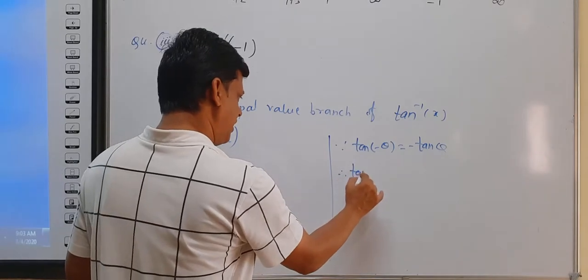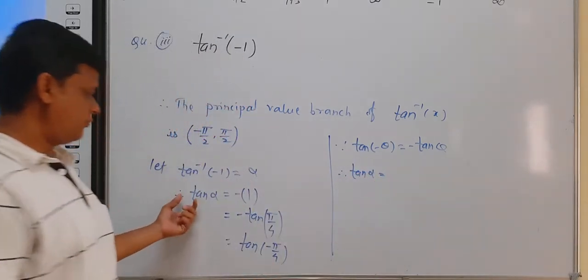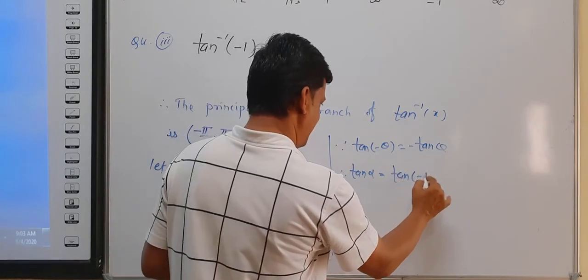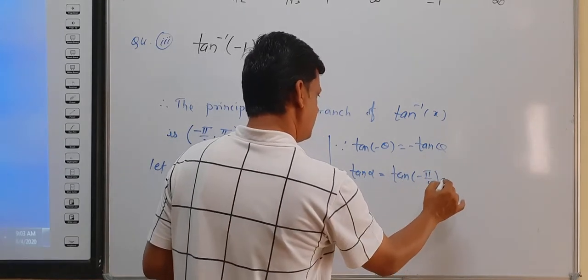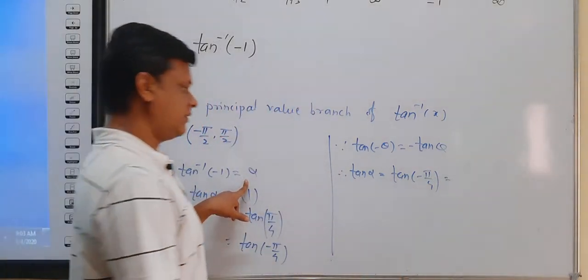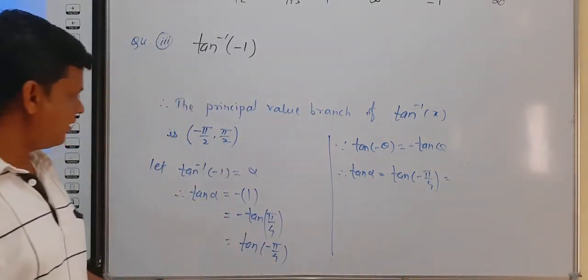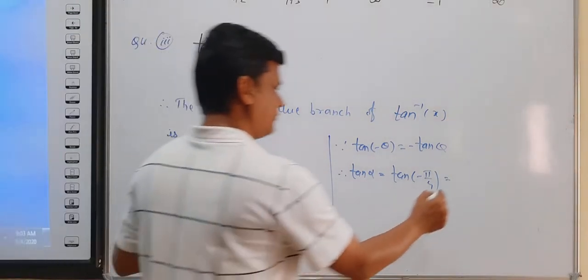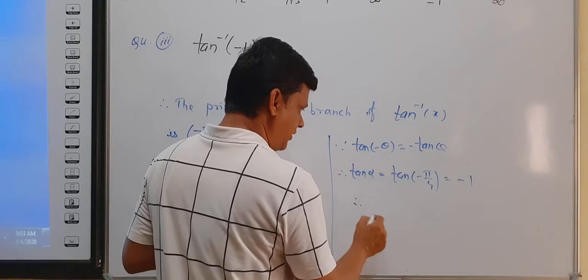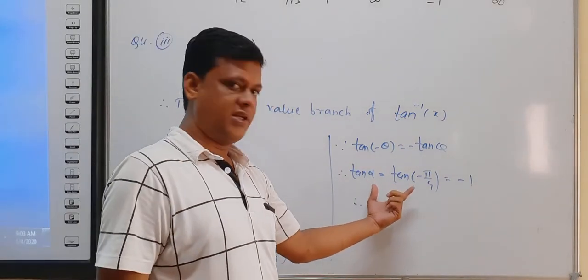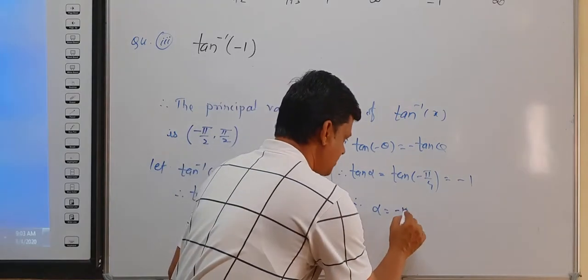Therefore tan alpha equals tan of minus pi by 4, and we have considered this value equal to minus 1. Therefore if we compare this we get alpha equals minus pi by 4.